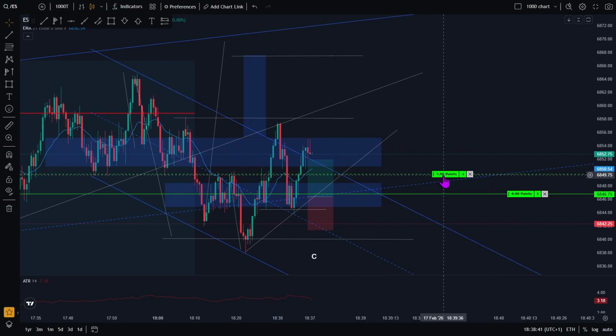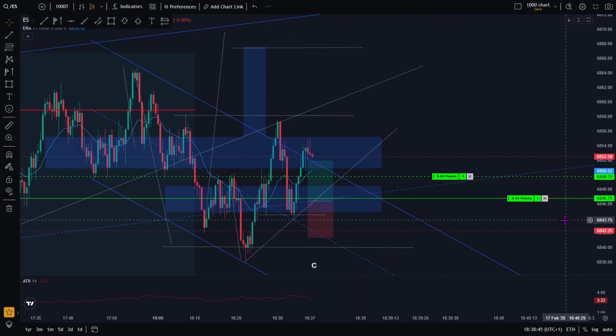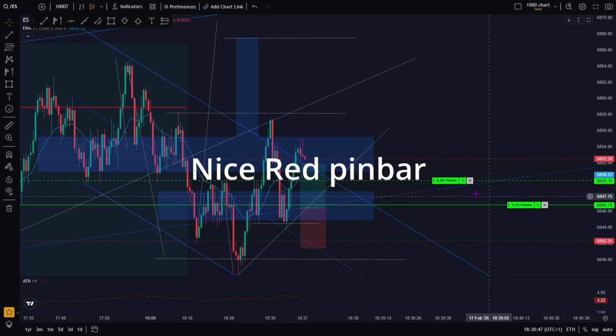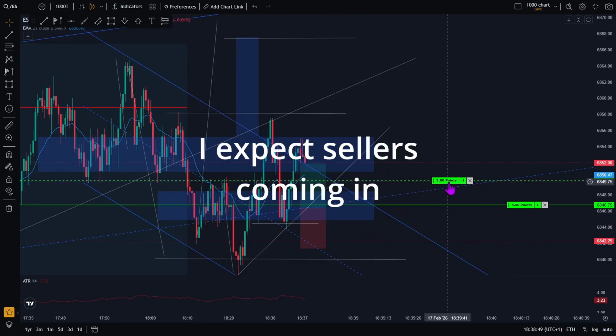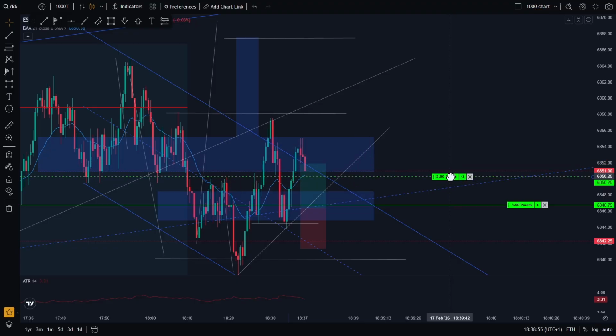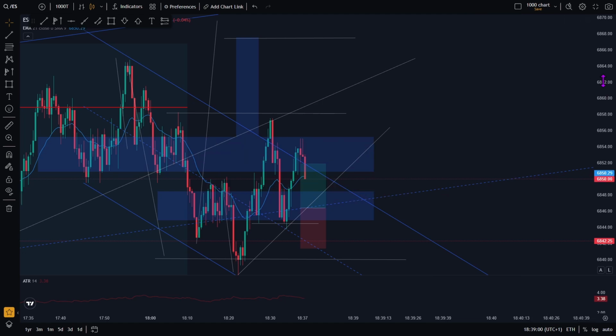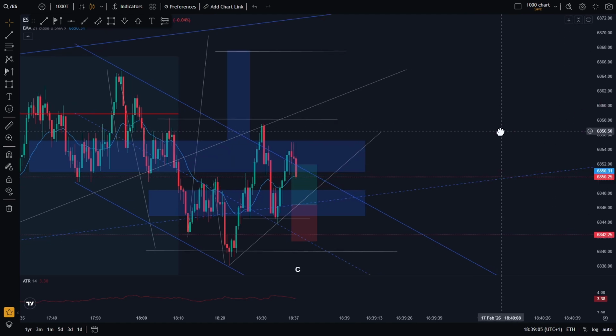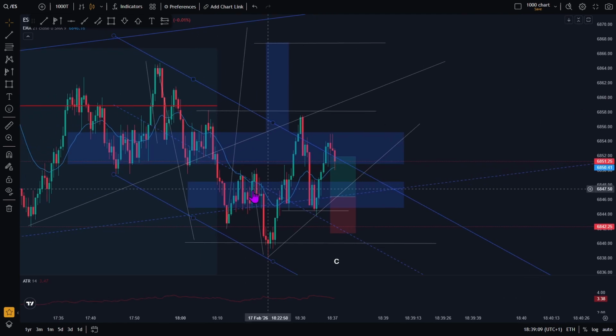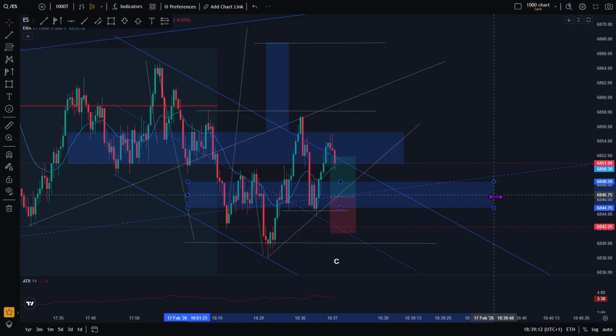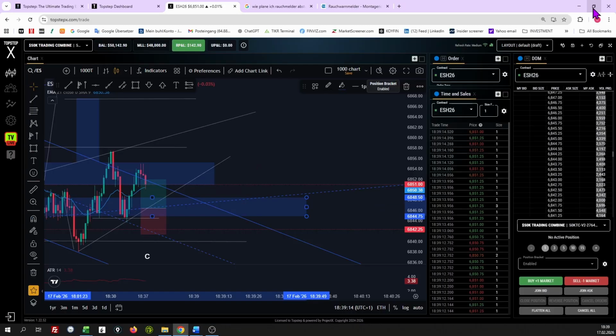Well, yeah, there will be some sellers there because it's a red pin bar, a quite nice red pin bar, and they are going to try to push price down. Yes, I'm out. Order filled. I'm out. Okay, so that's what it is. They're going to trade this range here and to push price down.